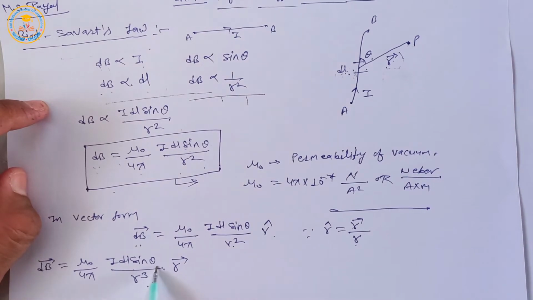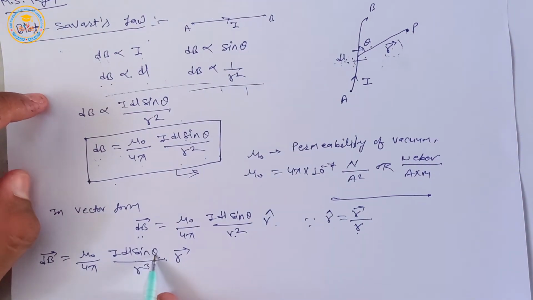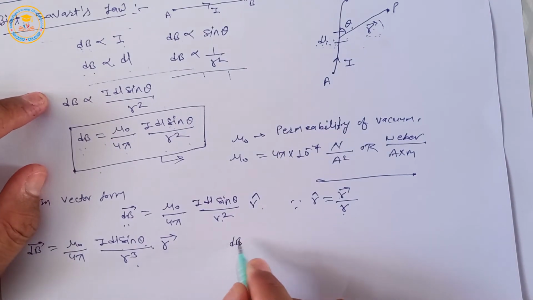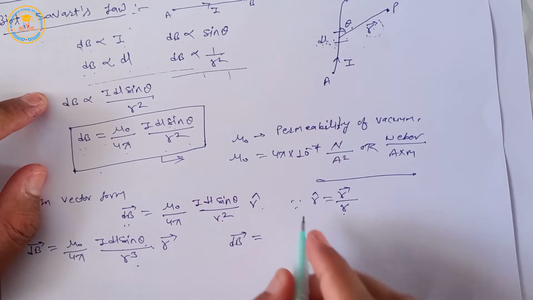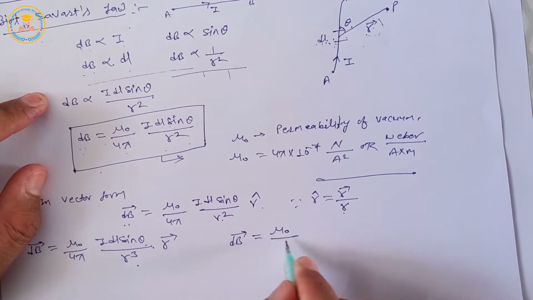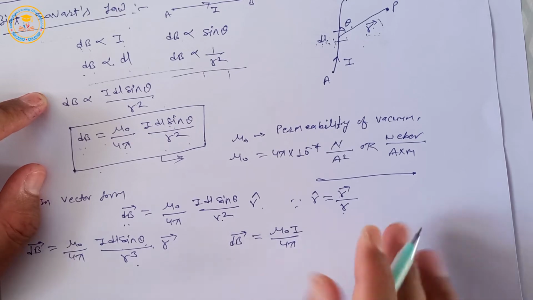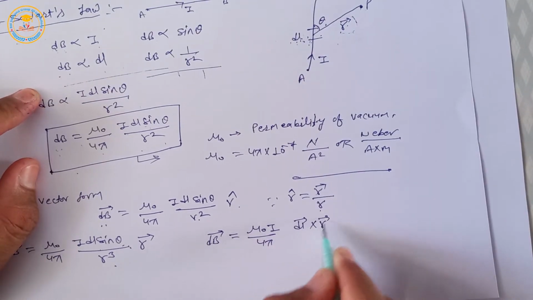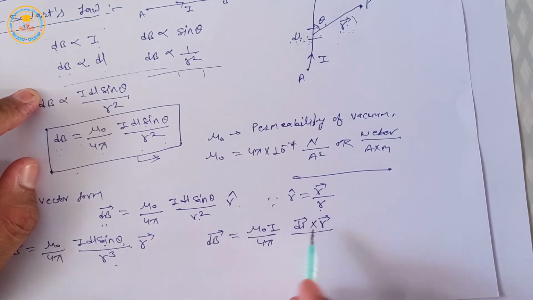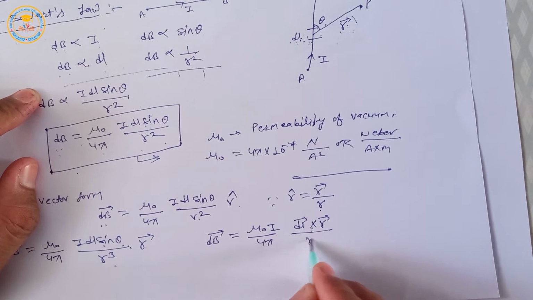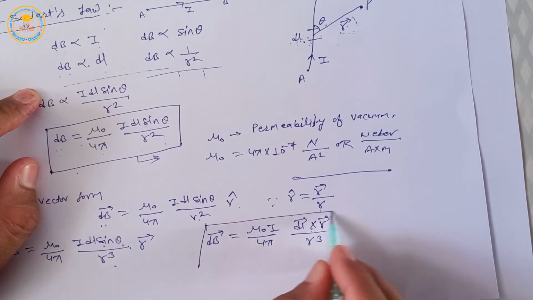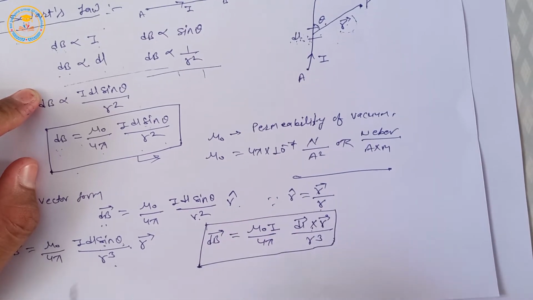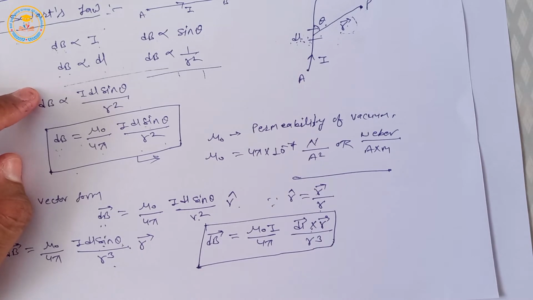Then according to this equation, we remove this sine theta, then dB vector is equal to mu naught upon 4 pi into I dl vector cross r vector. This sine theta is removed by this cross product. This vector product upon r cube is the vector form of the Biot-Savart law.